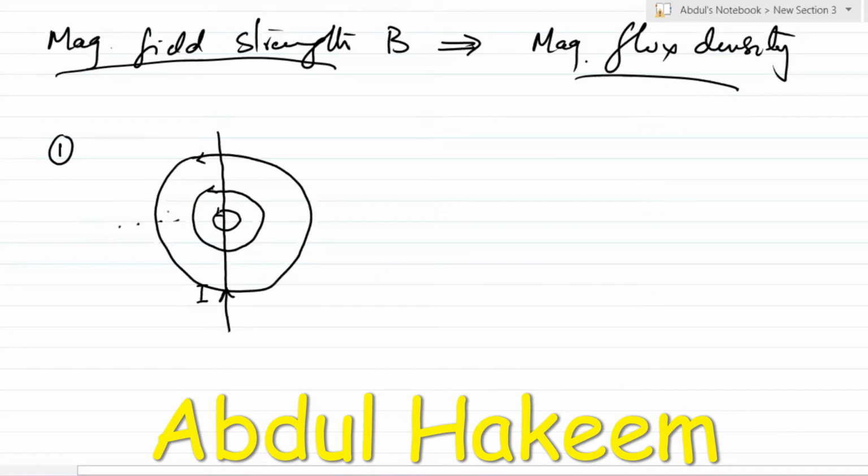So we have to increase the gap between two circles. So this wire is carrying current I, and we have to measure the strength of the magnetic field at any point around it. Suppose this is the point P.